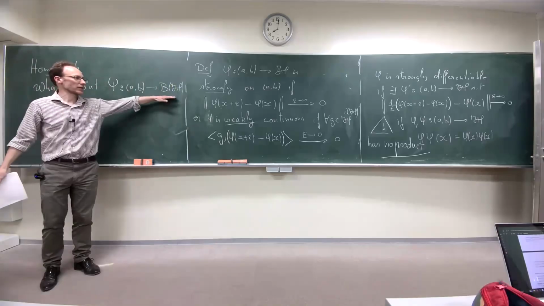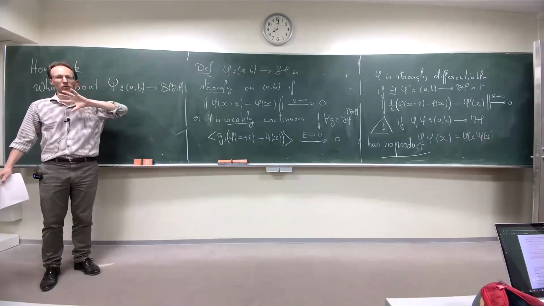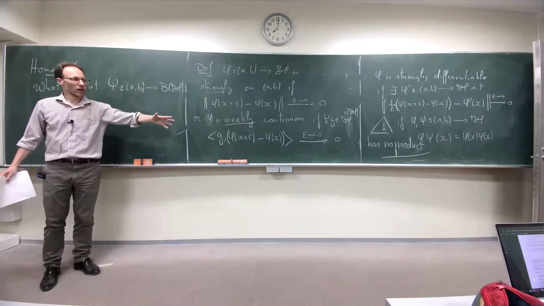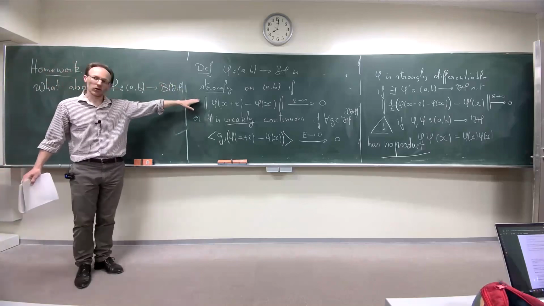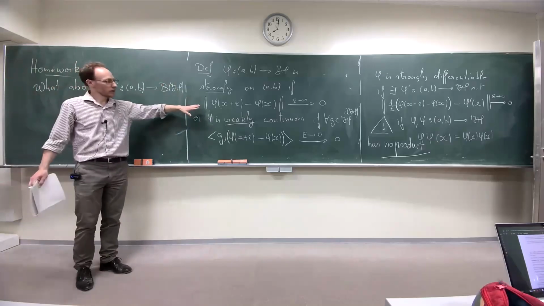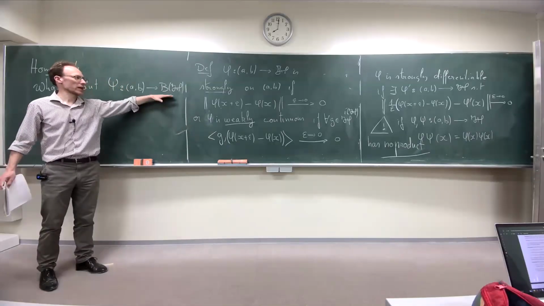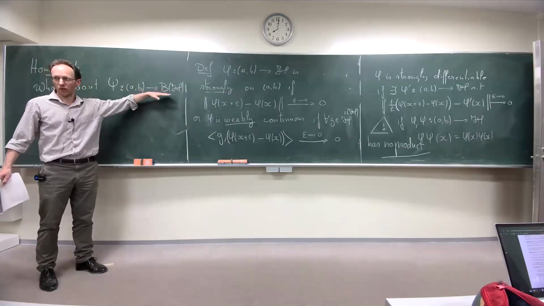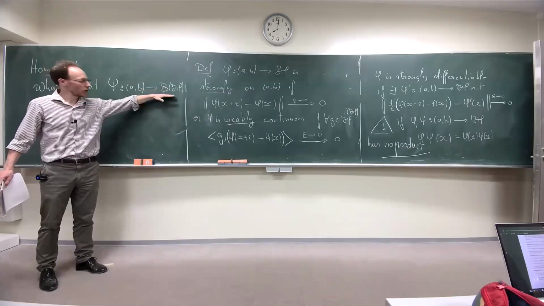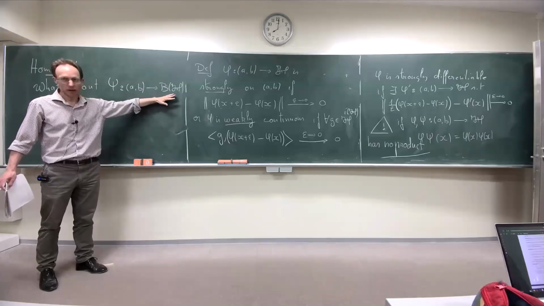If it is finite dimensional, this is a set of matrices. So at every point, you have a matrix. You can define the notion of continuity of this function. You can define three notions of continuity, because on B of H, we have seen the notion of uniform convergence, strong convergence, and weak convergence. So three notions of continuity, three notions of differentiability.